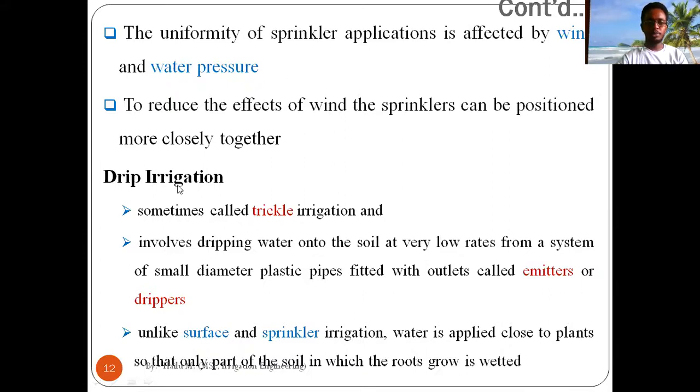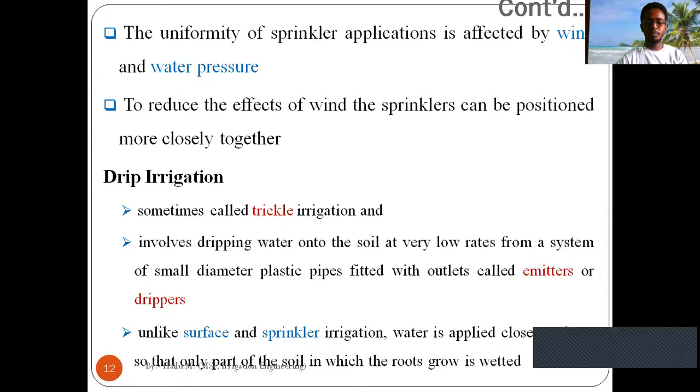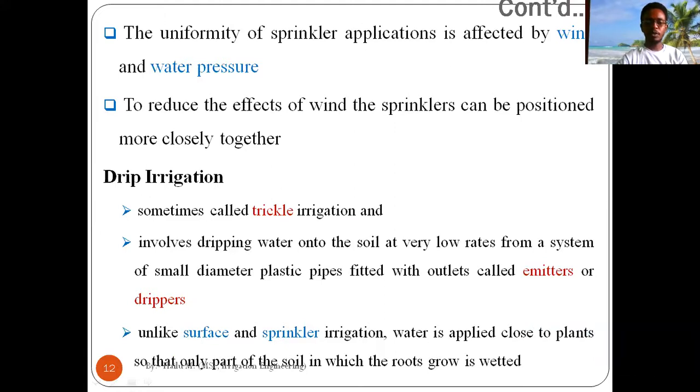Let's come to drip irrigation. Drip irrigation is sometimes called trickle irrigation, and this involves dripping water onto the soil at very low rates from a system of small diameter plastic pipes fitted with outlets called emitters or drippers.